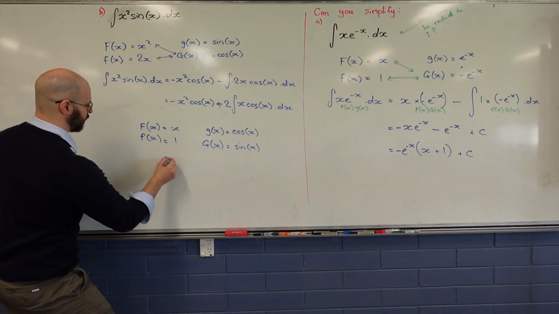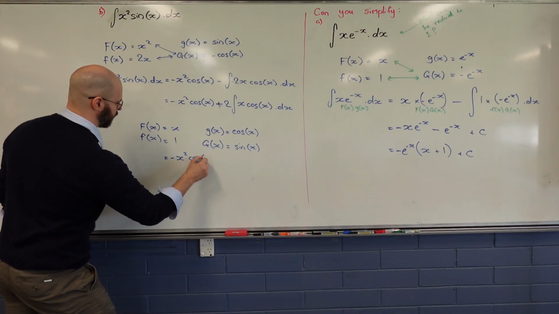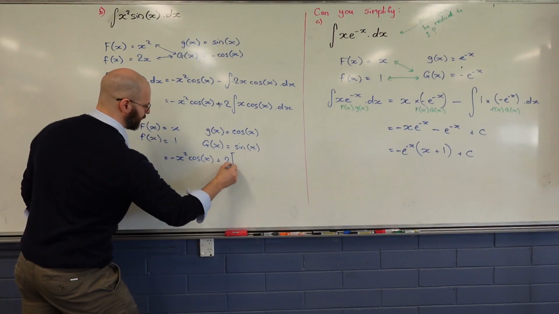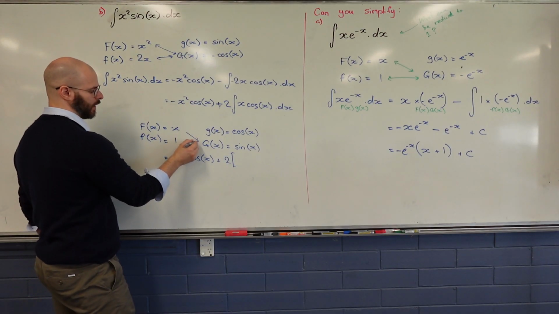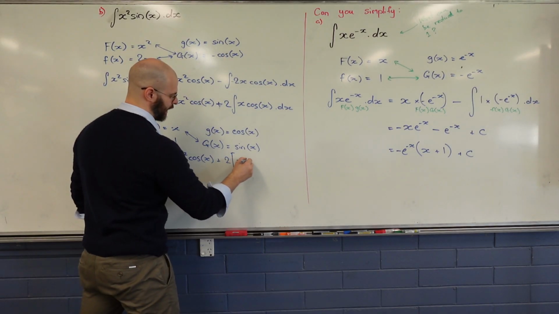Hence, we're going to get negative x squared cos x plus 2 in brackets, the product of the two big functions, x sine x.